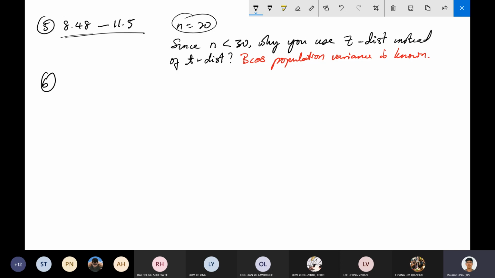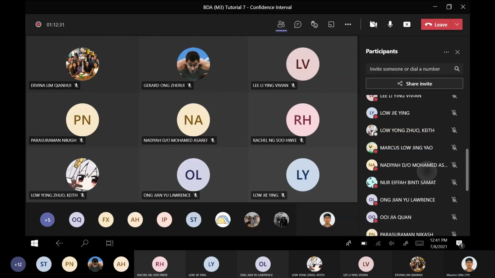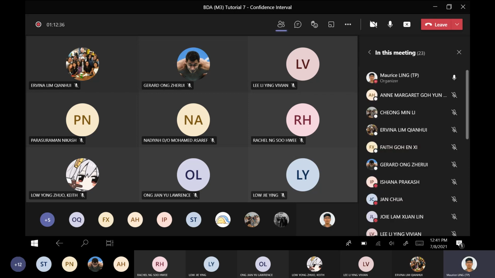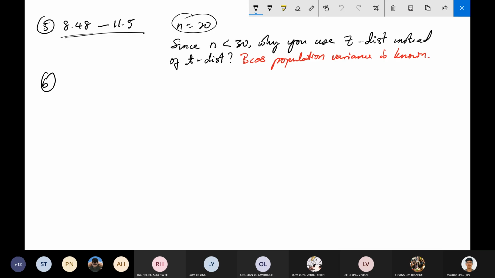Okay, question 6. Let's see, have the next person. Tansin. So do you use T distribution or Z distribution first? T. Okay, so you use T distribution.